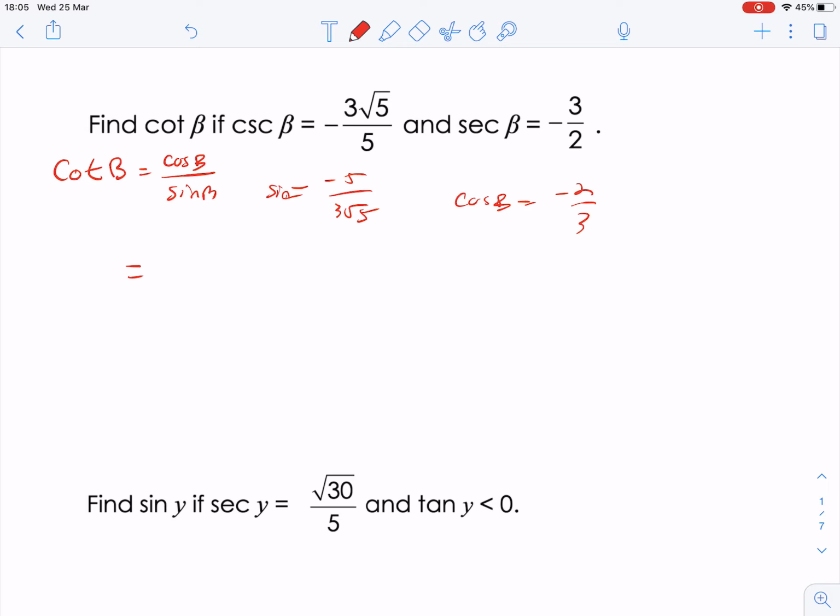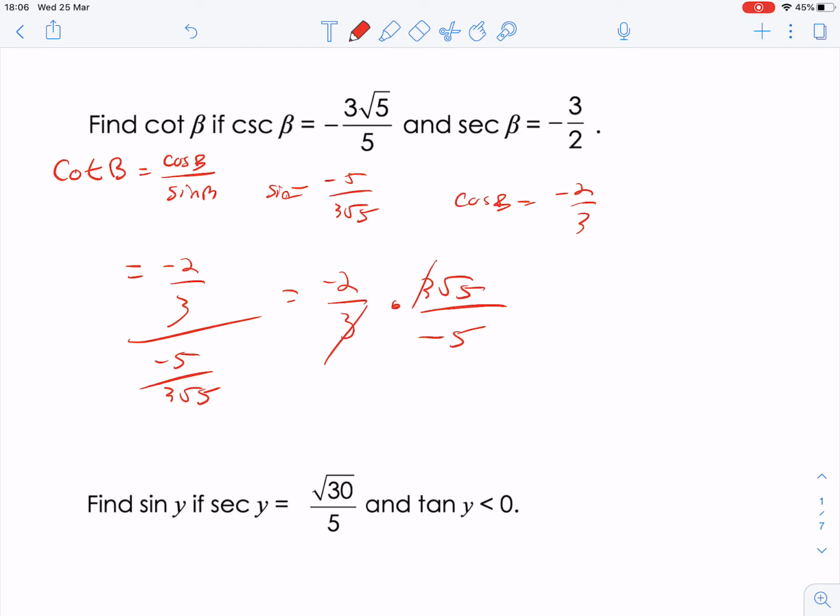All right, so we get -2/3 divided by -5 over 3 square roots of 5, which equals -2/3 times 3 square roots of 5 over -5, and the 3's cancel out, and the negatives cancel out. So we get 2 square roots of 5 over 5, done.